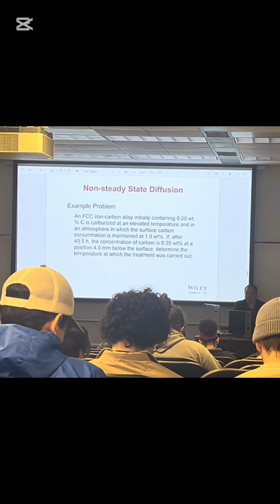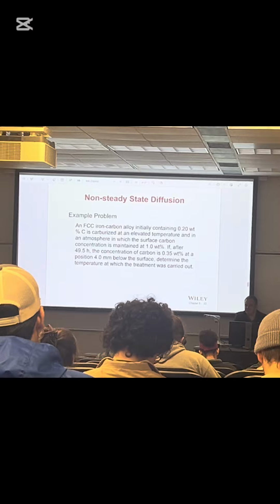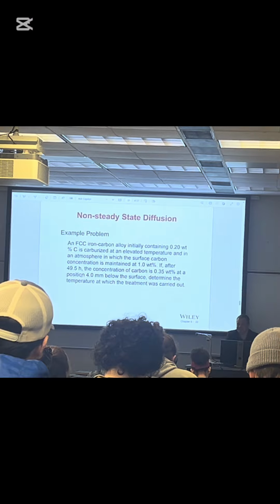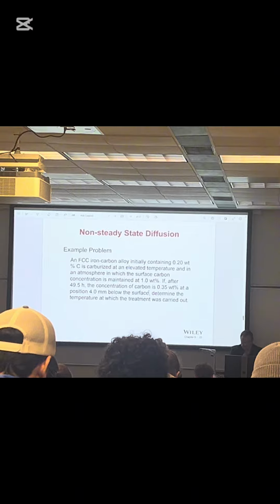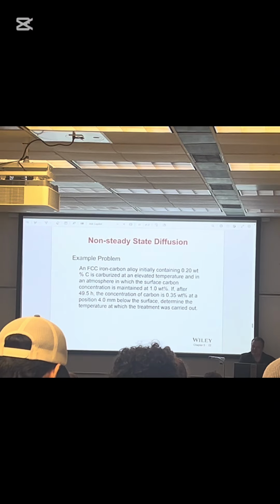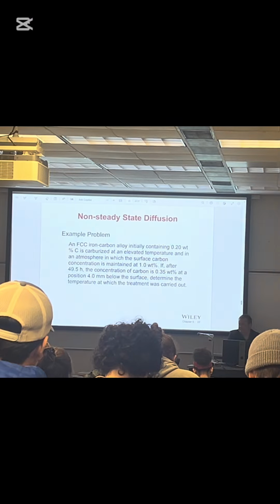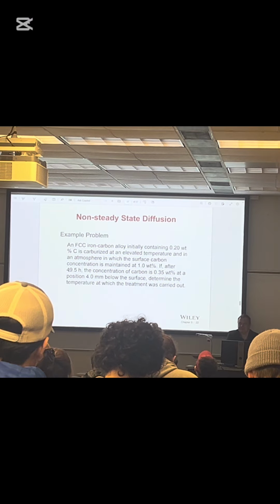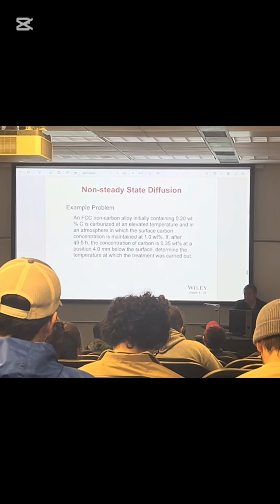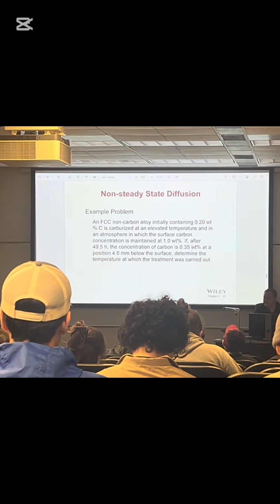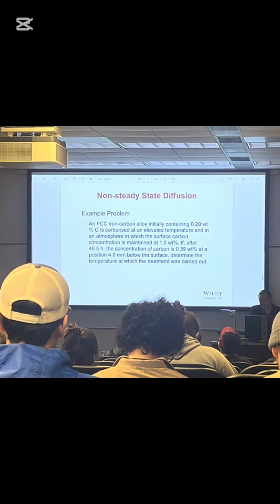If after 49.5 hours, the concentration of carbon is 0.35 weight % at a position of 4 millimeters below the surface, determine the temperature at which this treatment was carried out. 50 hours is like 2 days. You realize? And in 2 days, it only went down to 4 millimeters. Well, that may be enough.